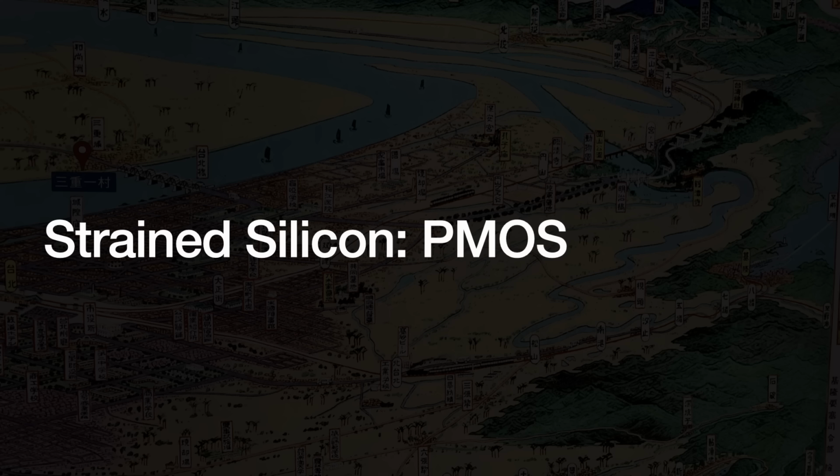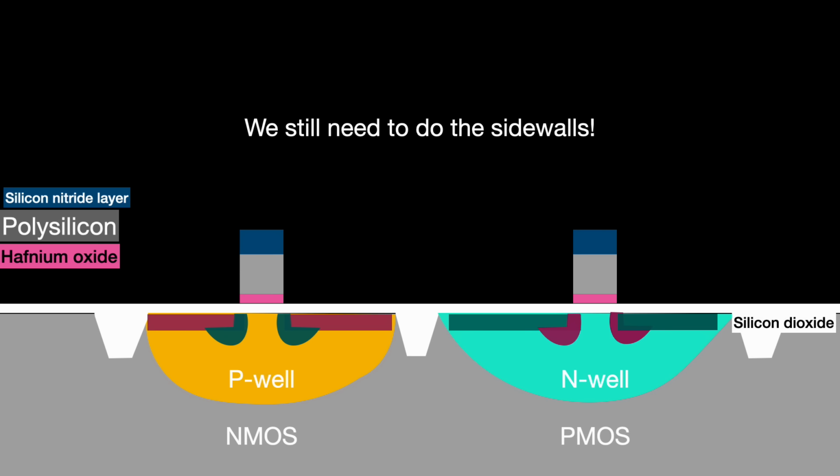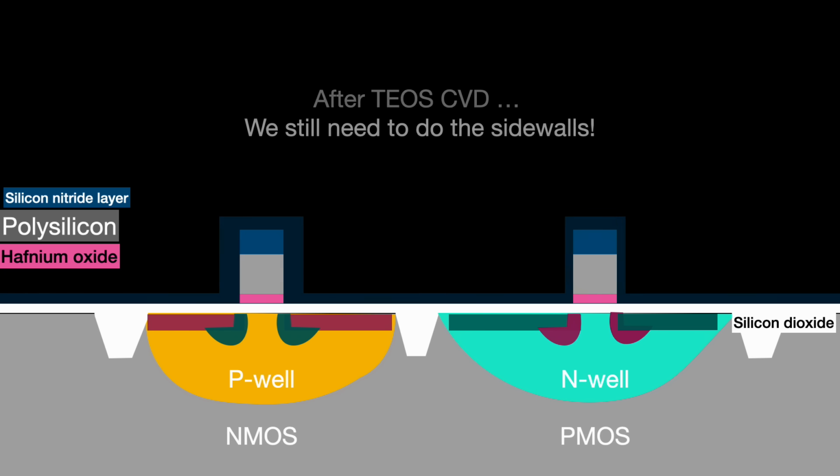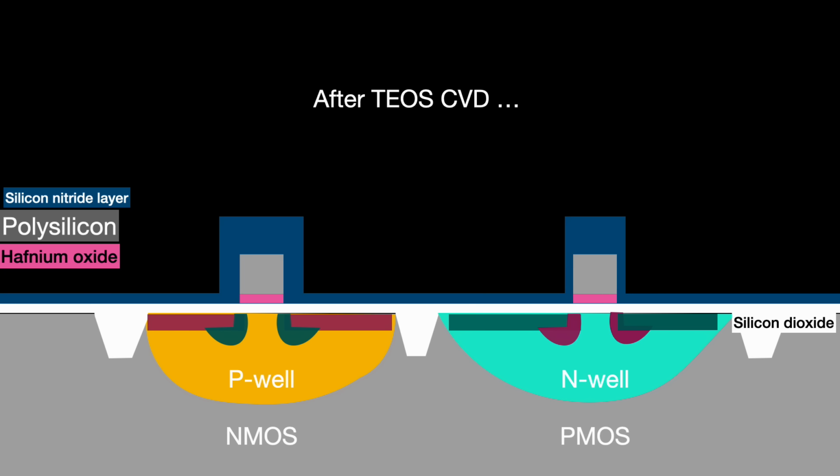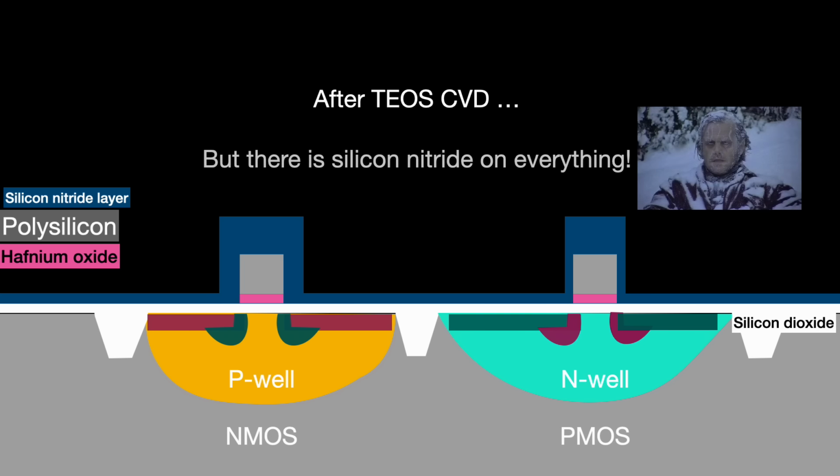First, we apply the aforementioned spacers of oxides to the dummy gate sidewall and finish off the extensions. This requires us to bring back our old friend TEOS CVD. It deposits a layer of silicon nitride a few hundred nanometers across the whole landscape. But now we have silicon nitride on everything.